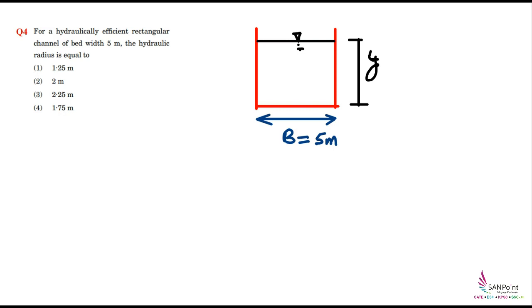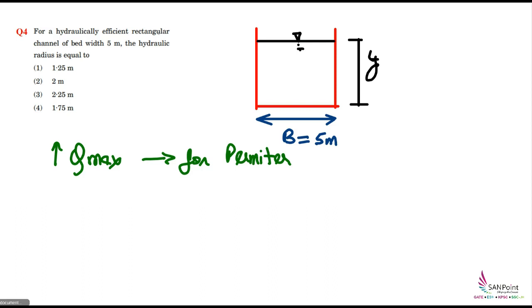So let's understand first what is a hydraulically efficient rectangular channel. Any channel will be called hydraulically efficient if we are going to obtain the maximum discharge through it. What we are looking for here is we want to obtain the maximum discharge for minimum perimeter. Perimeter must be least. This is the condition of a hydraulically efficient rectangular channel.